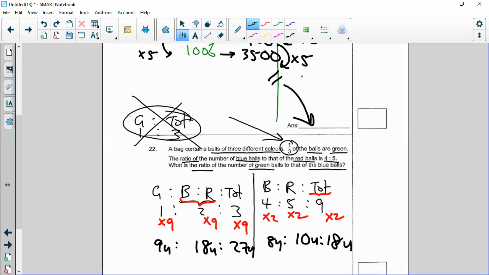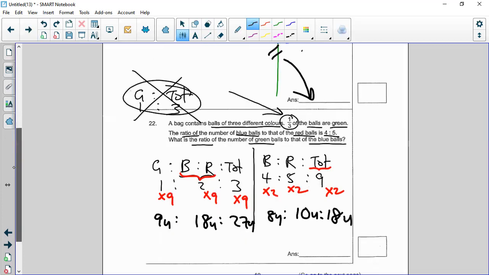Then you can use that to write your answer. What's the ratio of the green to the blue? Green is over here and the blue is over here, so your answer will be 9 is to 8. That's the ratio method. I can also draw a model, but a model will take a bit longer. Ratio is faster. Are you clear?